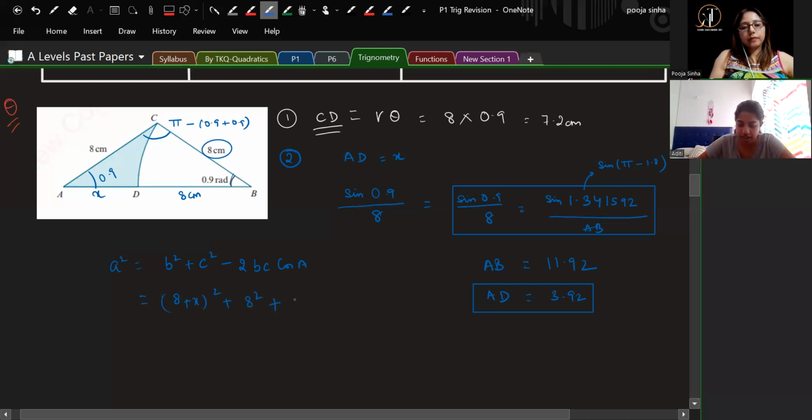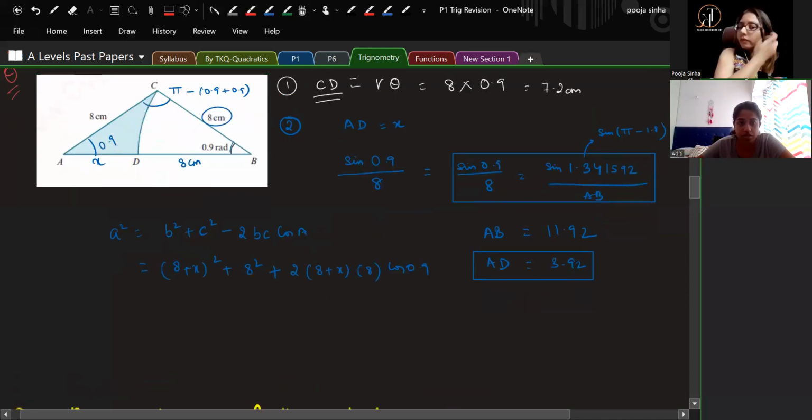So AB square is then... Is it something like this, what I've written? Or instead of 8 plus x, I'll just write AB, not to confuse ourselves.